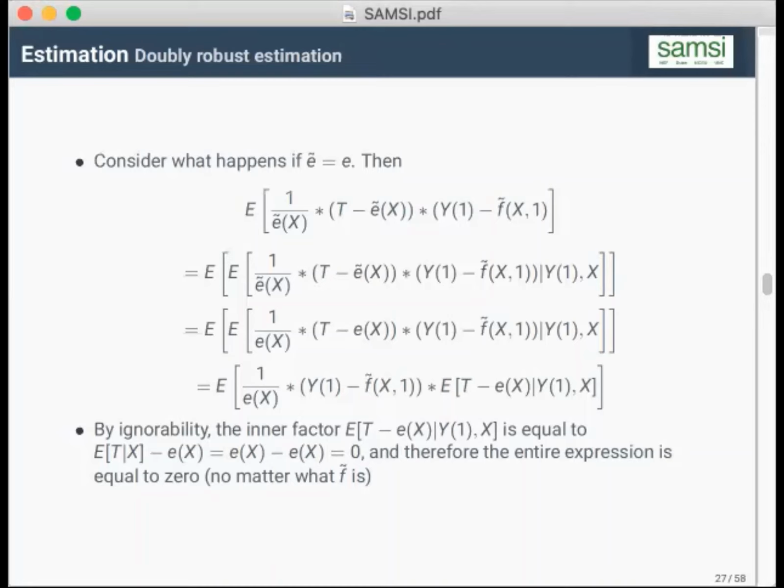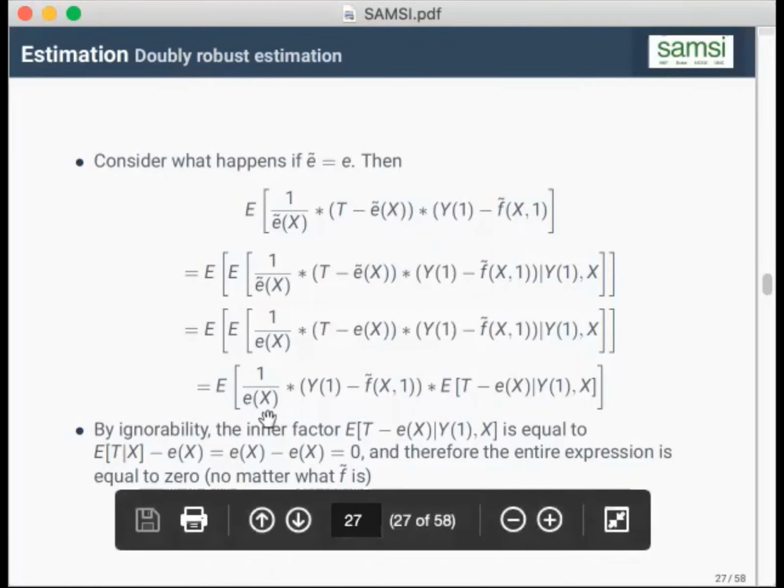Then by some clever use of iterated conditional expectation and some algebraic manipulation, we can reduce this error term to something that includes in it the expected value of T minus e of T given X. And this whole thing is given X.